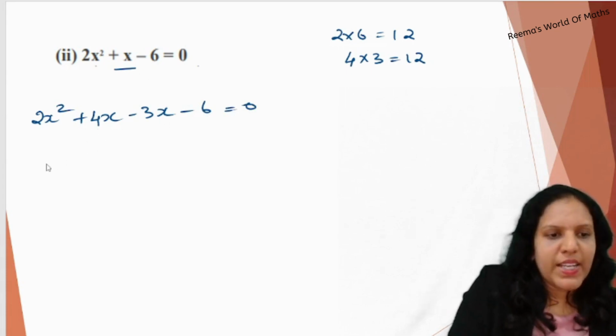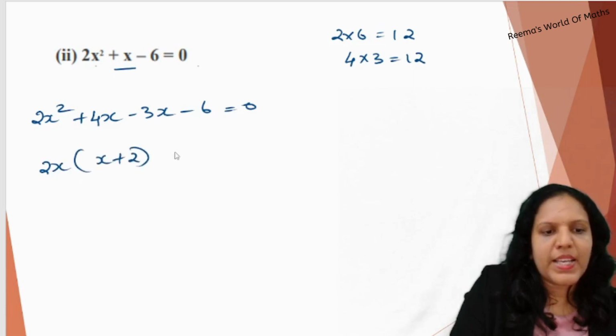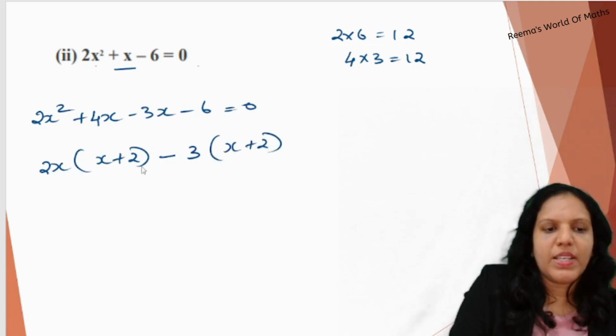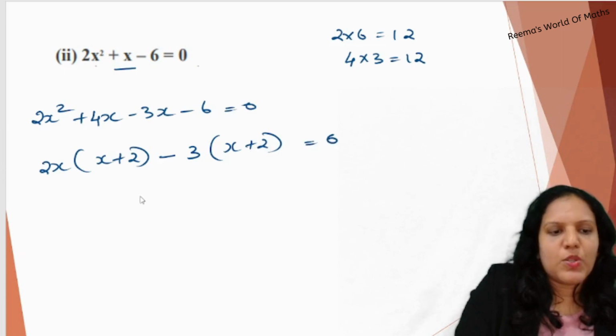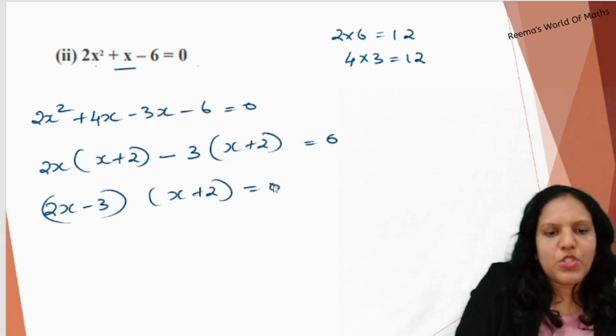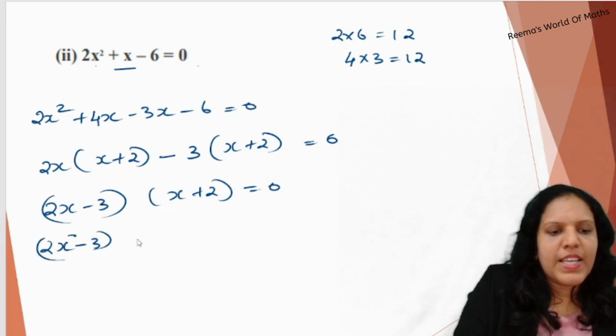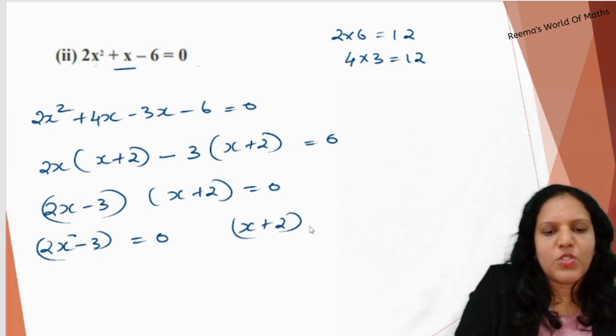So we can take 2x common from the first two terms, x plus 2, and minus 3 common from the last two, again x plus 2. Correct? We have taken x plus 2 common, which equals 0. So that is 2x minus 3 multiplied by x plus 2 equals 0. So either 2x minus 3 equals 0 or x plus 2 equals 0.